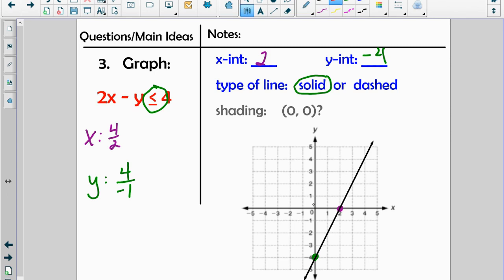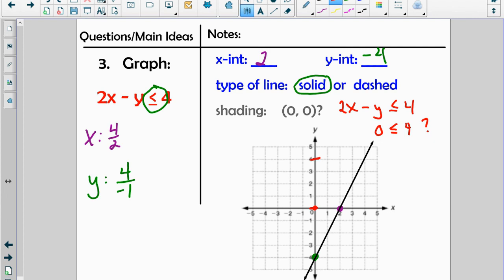So let's test a point. The origin 0, 0 is clearly on the left-hand side or upper side of this line. When I plug that into my inequality, 2 times 0 minus 0 is just going to be 0 is less than or equal to 4. Is 0 less than or equal to 4? 0 is here, 4 is there. Yeah, that's true.